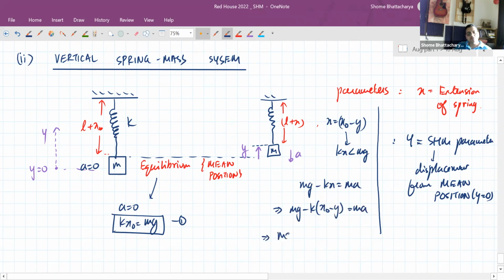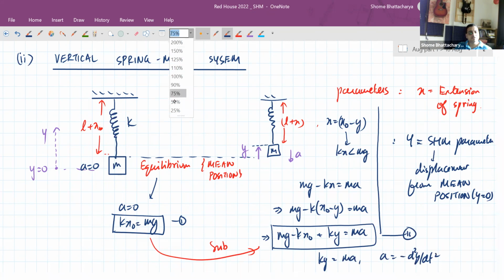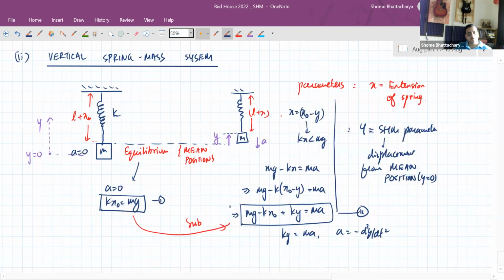If we compare this equation with the first one and substitute, that gives us ky is equal to ma, and a is minus d2y by dt square because it's opposite in direction. So it's giving us our required SHM equation.